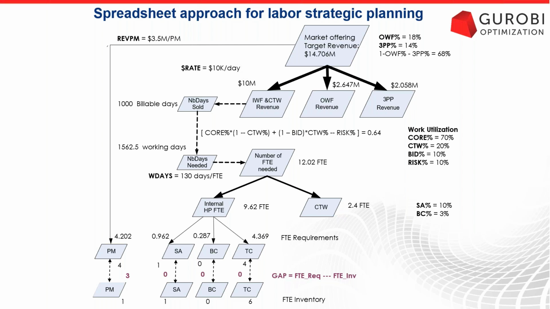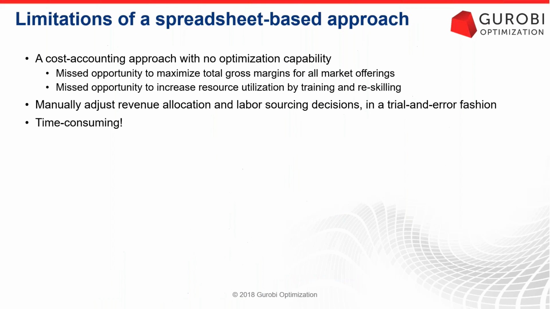Now the planner will compare the FTE requirements with the people available, and then compute gaps and surplus. If the gaps and surplus are unacceptable, the planner will start making changes in the percentage of contingent workforce to be allocated, or the percentage of offshore or labor agency.